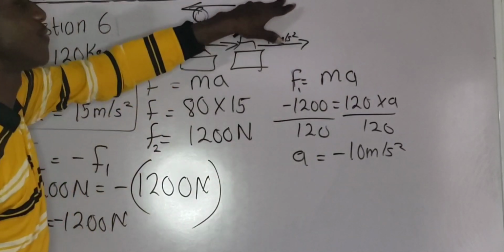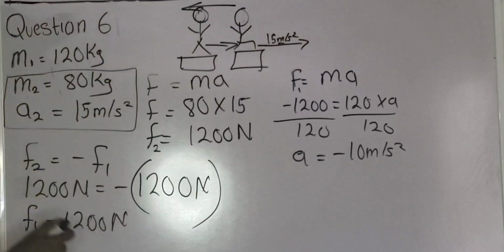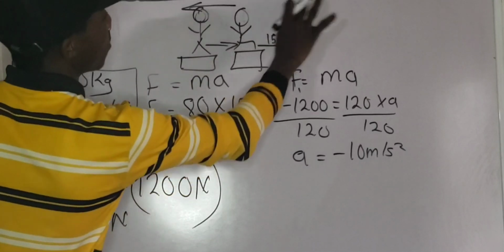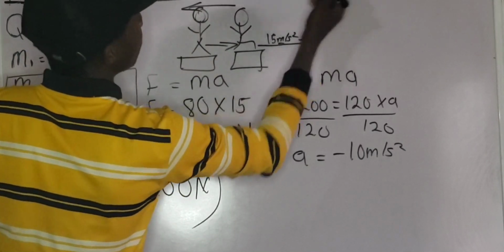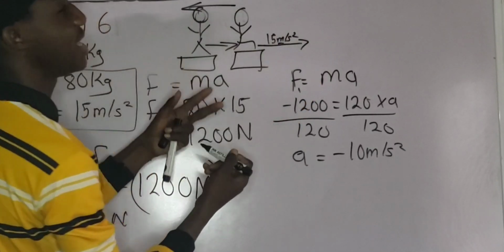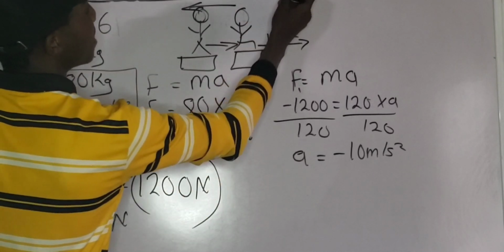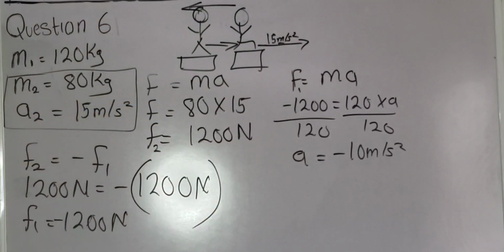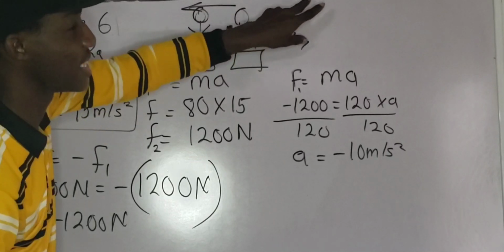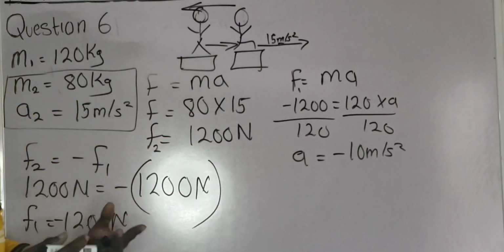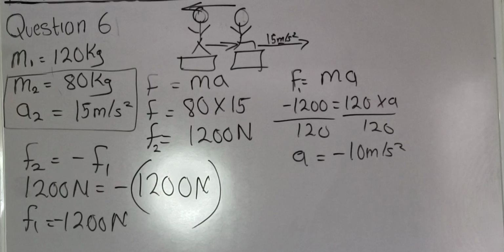That is, the force of the first skater is equal to the force of the second skater. But one will carry a negative because it is in the opposite direction. If you substitute these values, you are going to get A1 as negative 10 meter per second squared. Do you understand? So that's it.